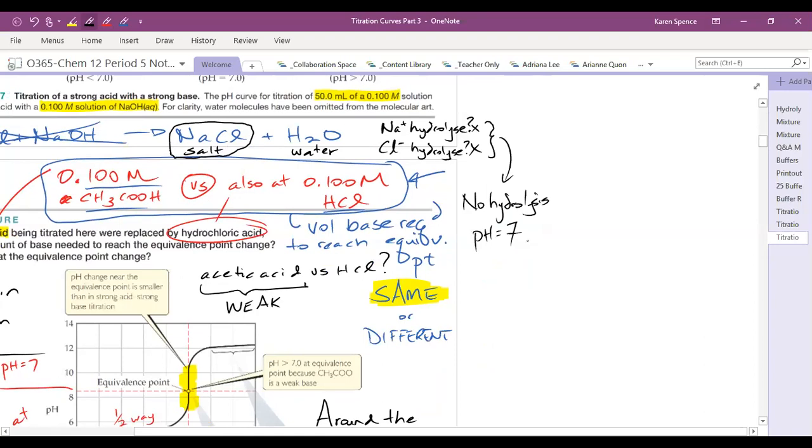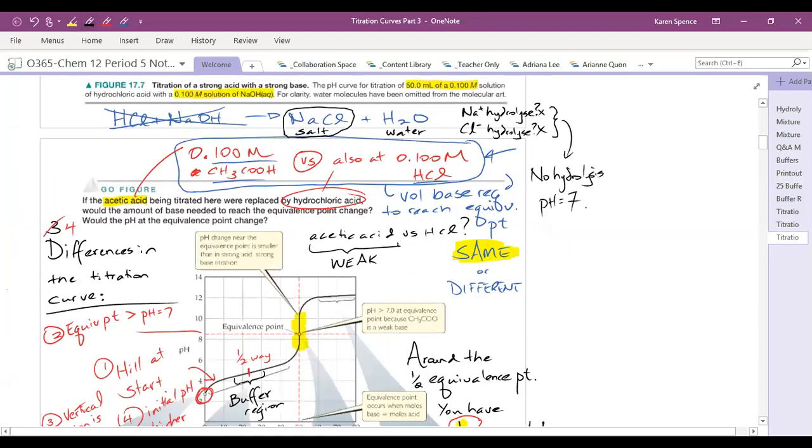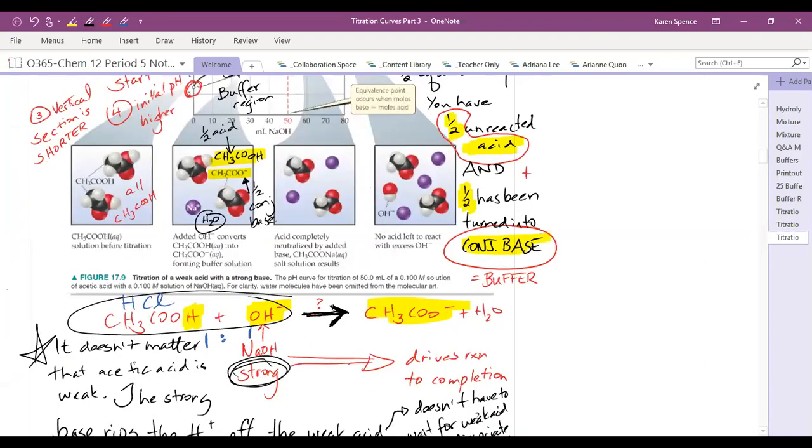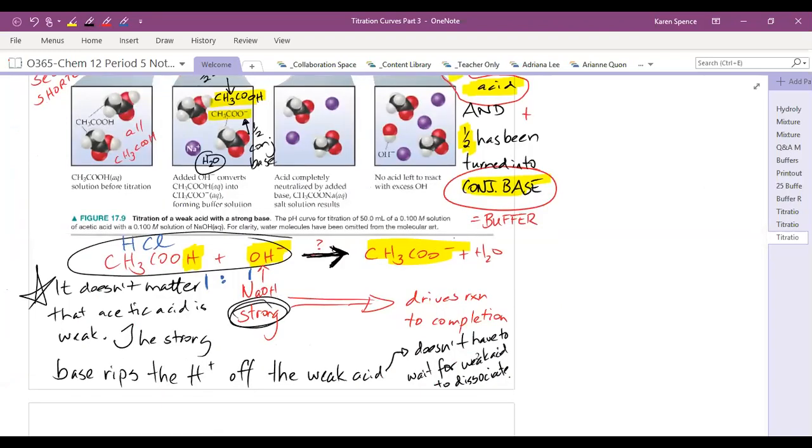Okay. But remember, if we had our original solution, we ended up making CH3COO-, and CH3COO-, will it hydrolyze? Yes.